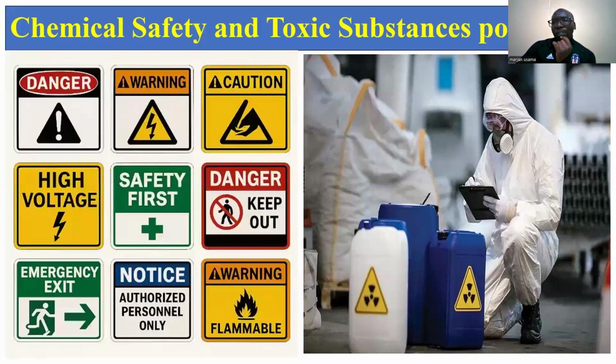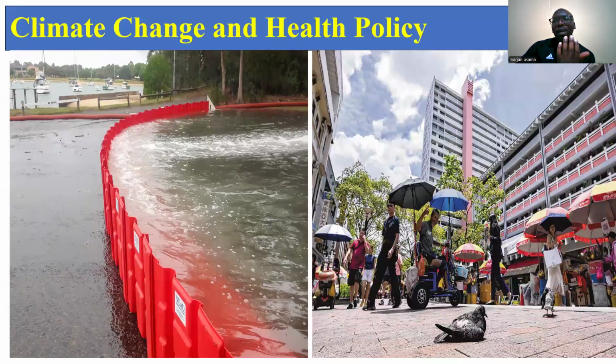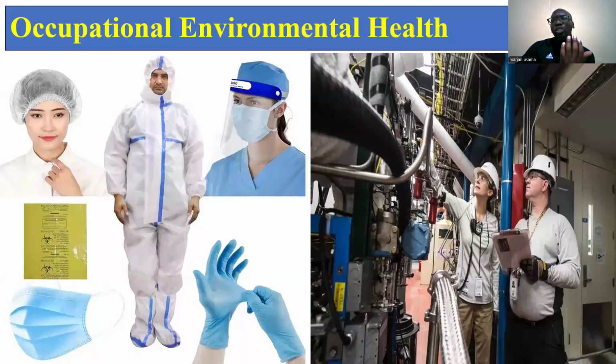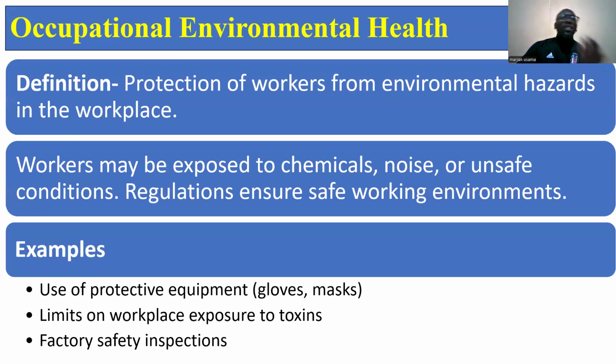Because occupation basically means the engineers, the doctors working, and as they are working, they're exposing themselves to a lot of chemicals. So to avoid exposing themselves to these toxins and chemicals, they have to wear the PPEs.